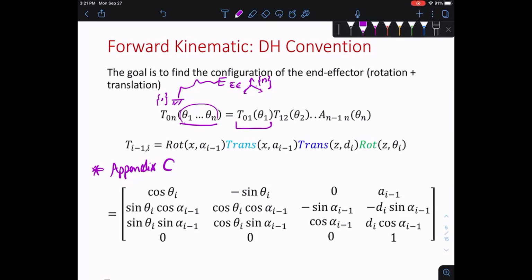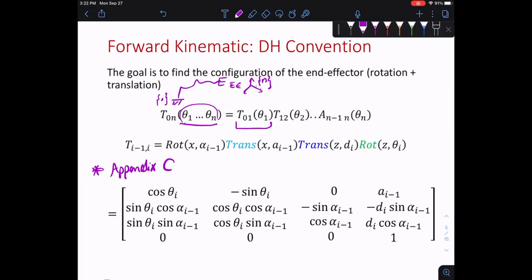So when we create this expression, we have a bunch of thetas, alpha i, theta i and d i for a joint when it's revolute or if it's prismatic. We don't know how much they're going to rotate. It's a function of time, right? So this basically is theta 1 of t.